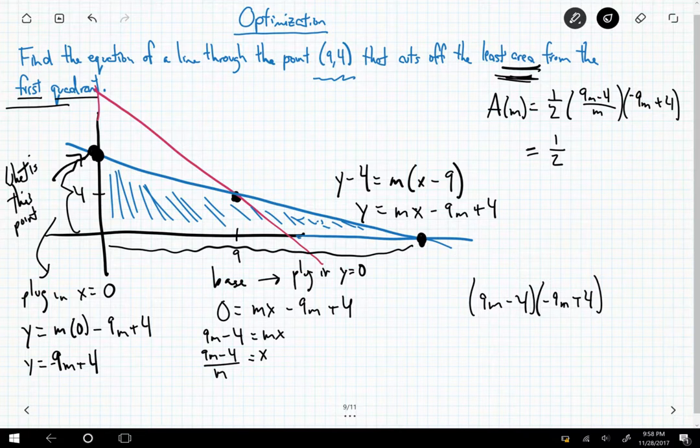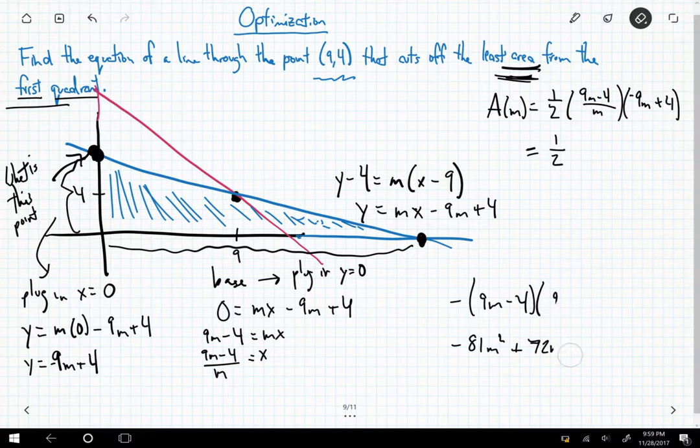So you get negative 81m squared. And then we'll have a plus 36m and another plus 36m. So we have plus 36 plus another 36, that's going to be 72m. And then minus 16. An easier way to have done that is we could have written this as 9m minus 4 and pulled that negative symbol out in front, so you're just squaring that term.